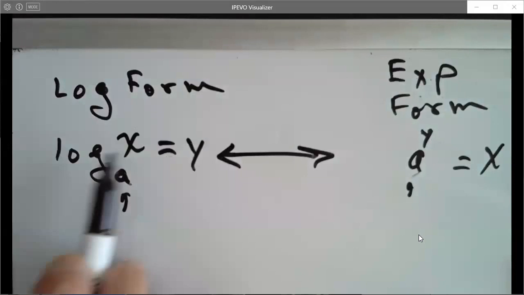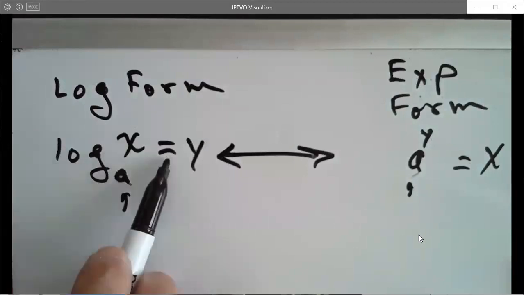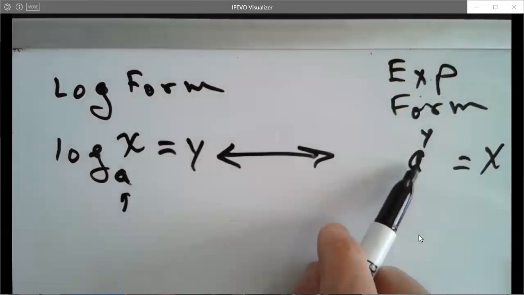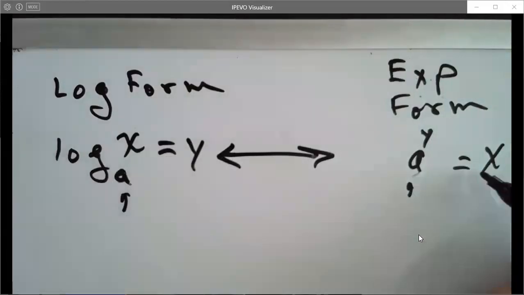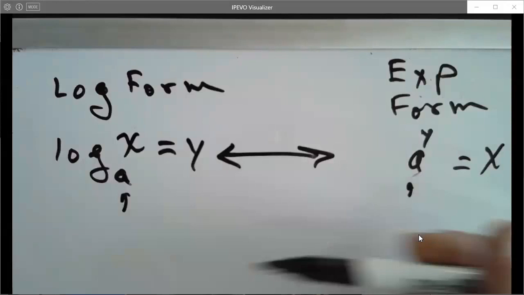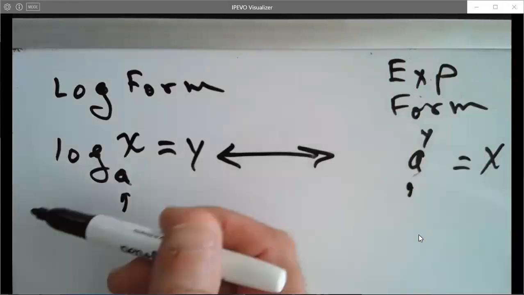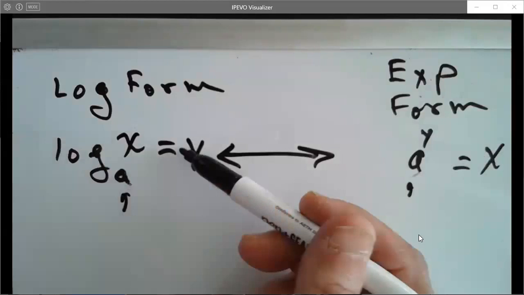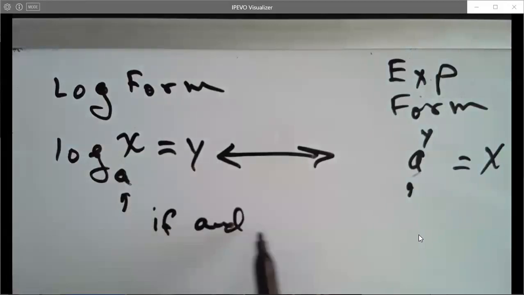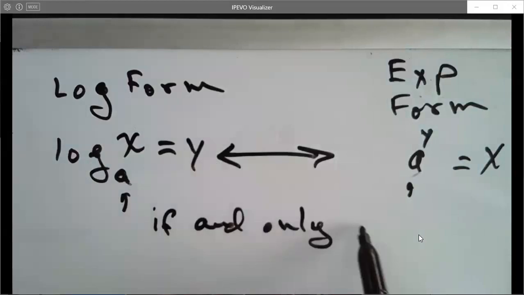So we can say log x base a equals y if and only if a to the y equals x. So if and only if means it works one way and then back the other way too. If and only if. Okay?